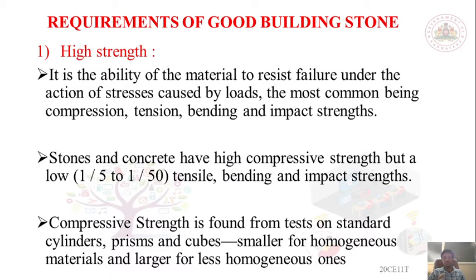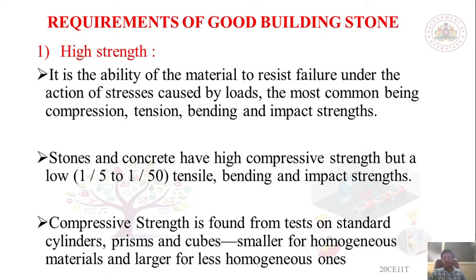Generally compressive strength will not be tested for general construction works, but when it is necessary, for heavy structures, then you need to go for compressive strength checking. Compressive strength is found from tests on standard cylinders, prisms, cubes, etc. Small specimens of specified measurements are prepared and kept under the compression testing machine.